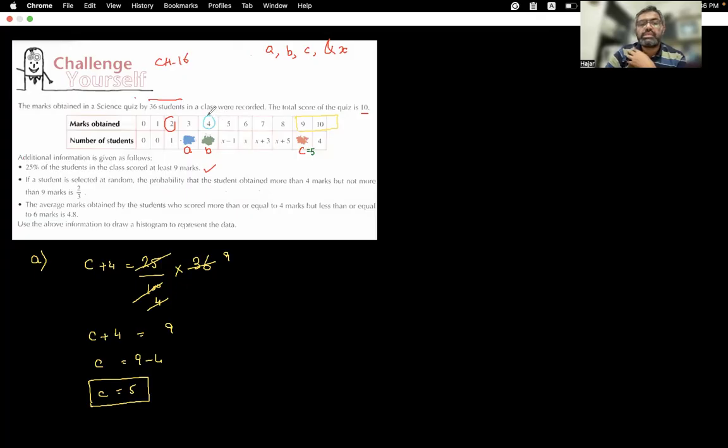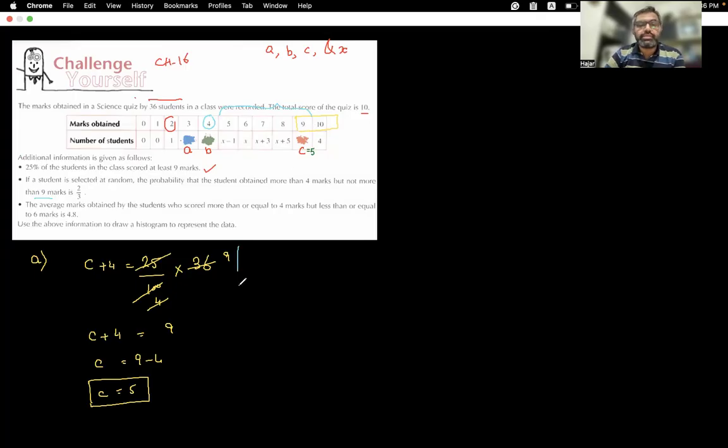We have to see those students who got more than 4 marks. It could be 5, 6, 7, 8, 9, 10. But we have another condition: the marks should not be more than 9, so it could be 9 or less. So we got a range from 5 till 9 marks.